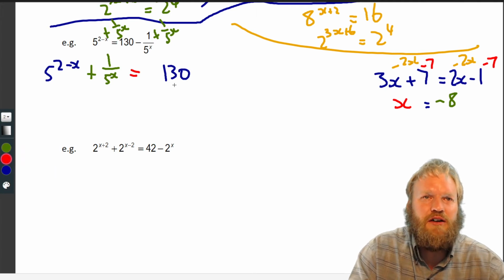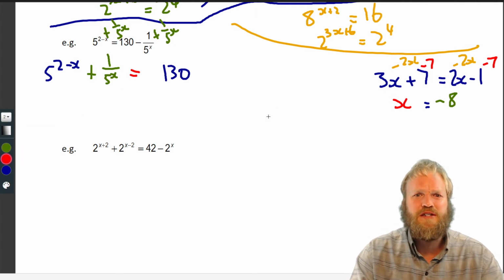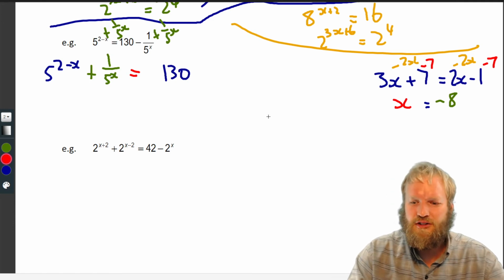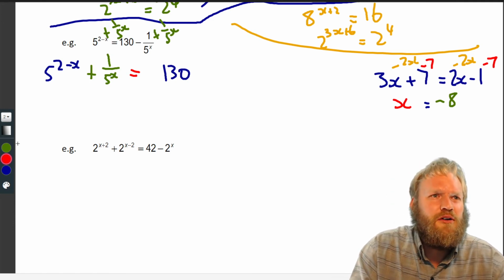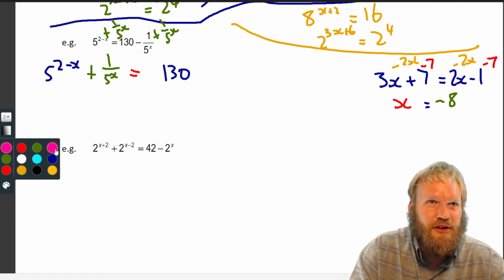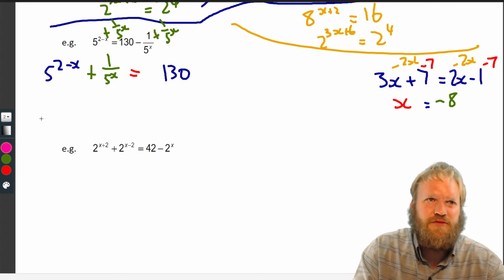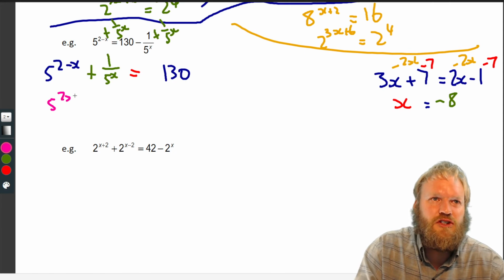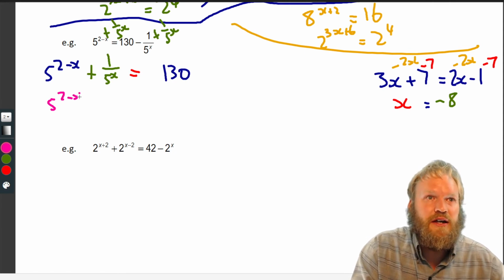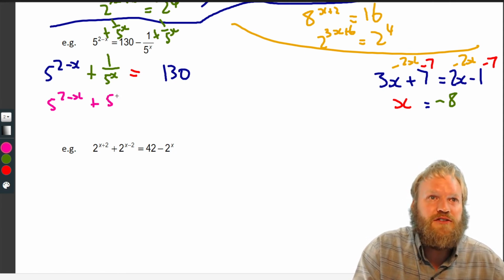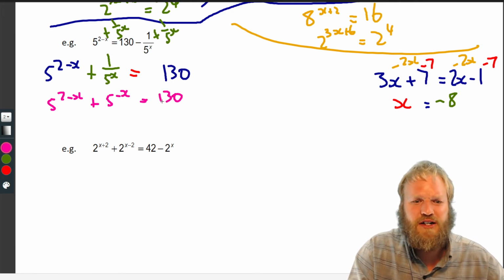Okay, so that's looking a little bit better. We've got all the variables on one side and our constants on the other. Now, it still looks a little bit hairy, but we've got a 5 to the x. Maybe let's make it so that they're just 5 to the power of something. So 5 to the 2 minus x plus 5 to the minus x equals 130. Again, we could prime factorize that.